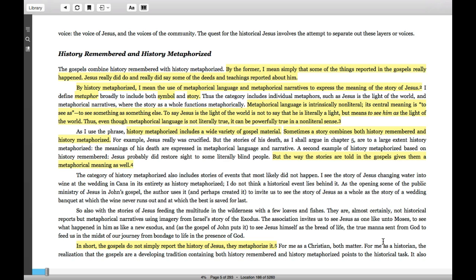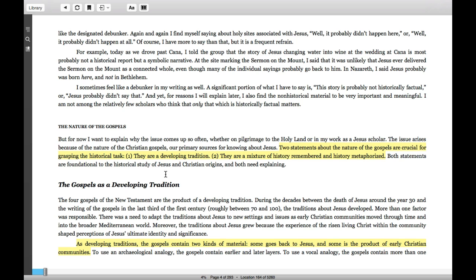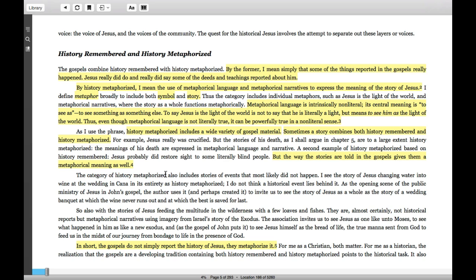Now, when he goes on, he talks about the difference between history remembered and history metaphorized. So first, the developing tradition. The developing tradition is simply the tradition that developed after Jesus' death. Okay, and that is what you and I know as Christianity. So he says the Gospels contain history remembered and history metaphorized. History remembered is pretty simple.